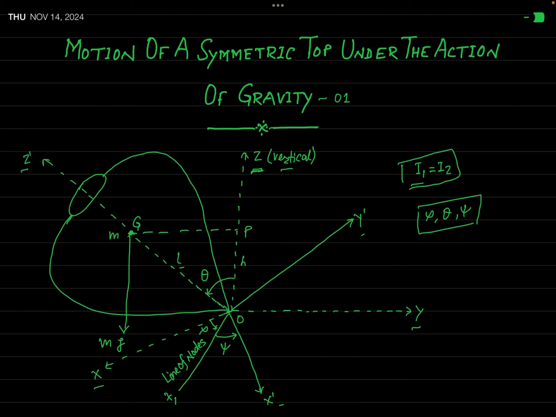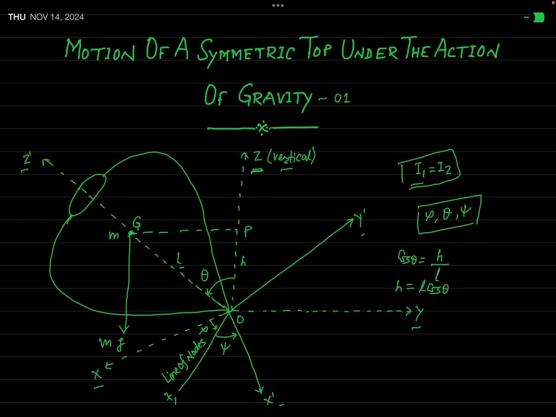This is h. Now if your aim is to find h and you know L and theta, you can use the trigonometric ratio cos theta. This cos theta will be equal to h over L. And so h is equal to what? This is L cos theta.